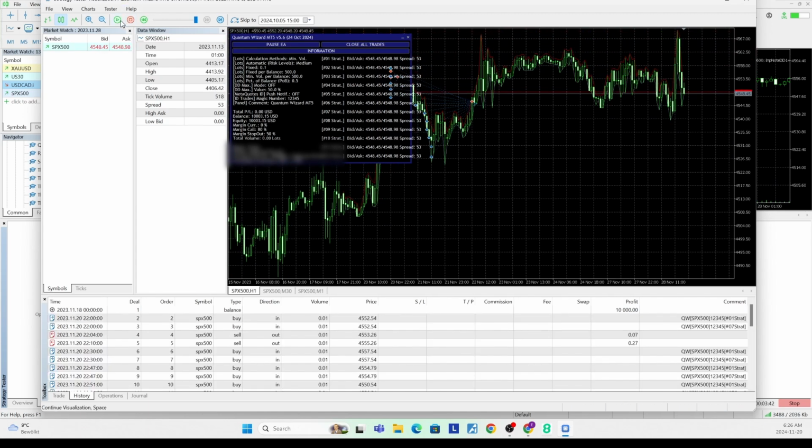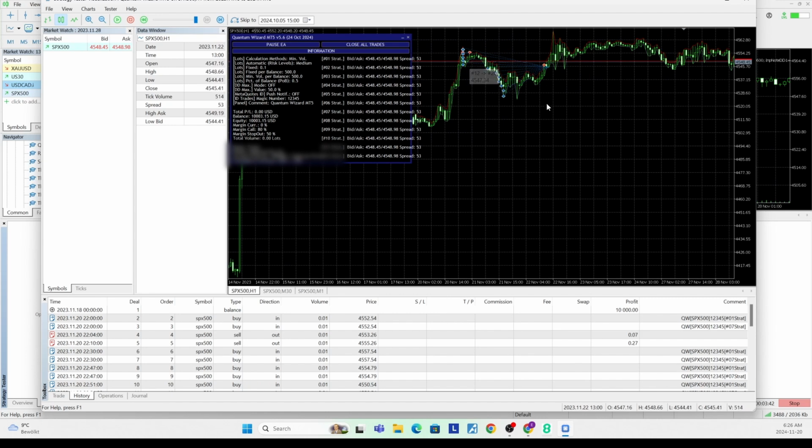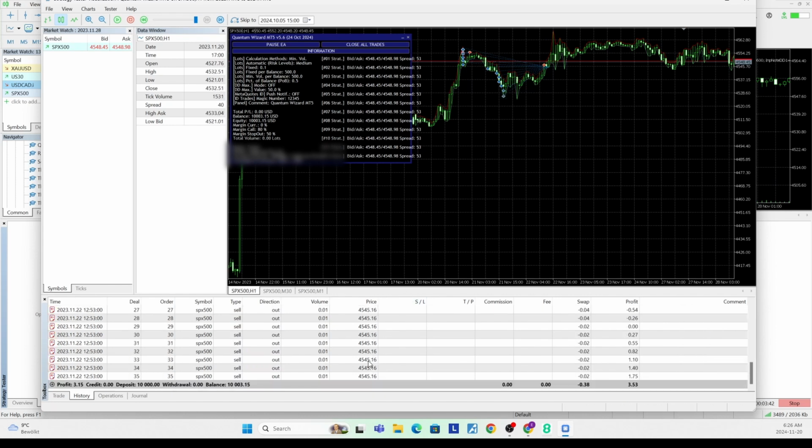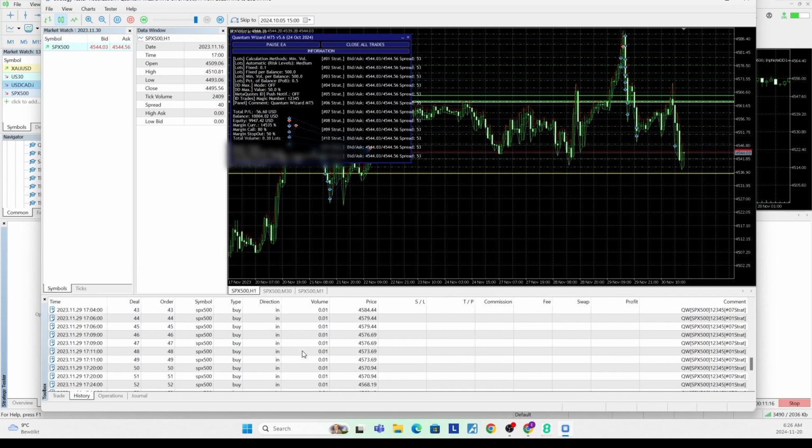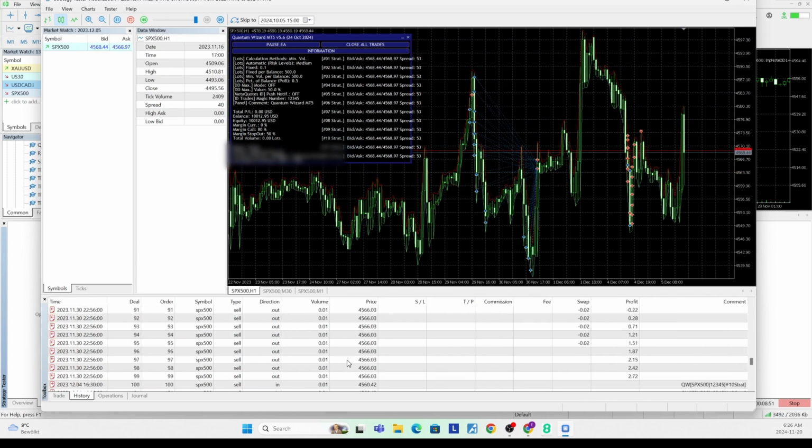And okay, let me just pause it here. So yes, this is very clearly a grid martingale system. So it's opening a ton of system trades. But one thing which is interesting is that it's not really sizing the lots that much so far. But let me take a look at that.